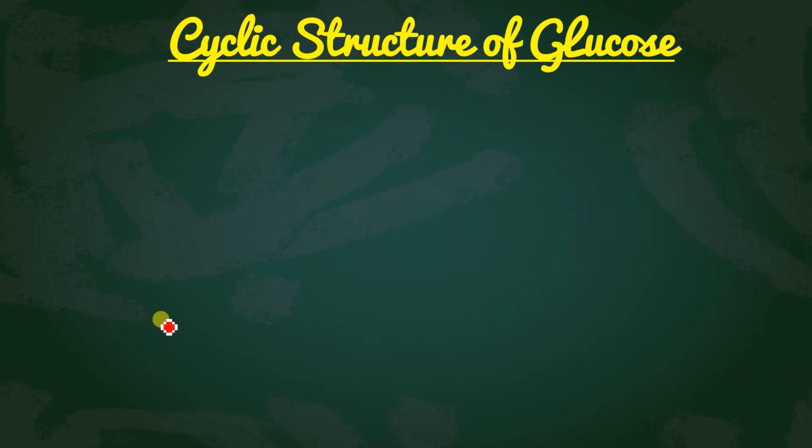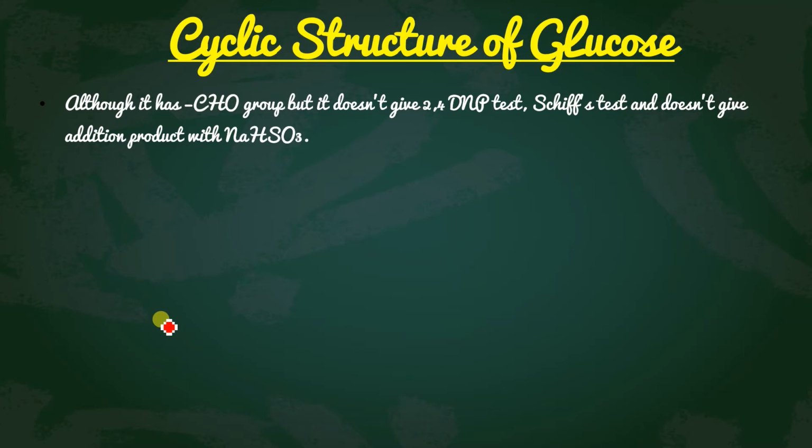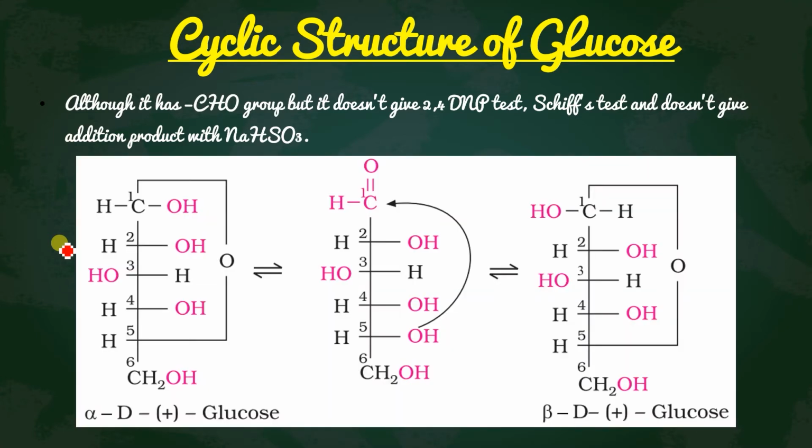Now, the cyclic structure of glucose. What is the need to explain this cyclic structure? We learned in the aldehyde chapter that if there is a CHO group, it shows so many reactions. Can you recall?